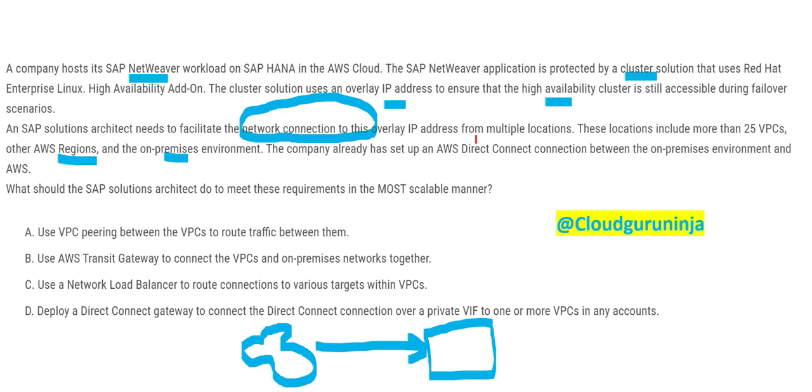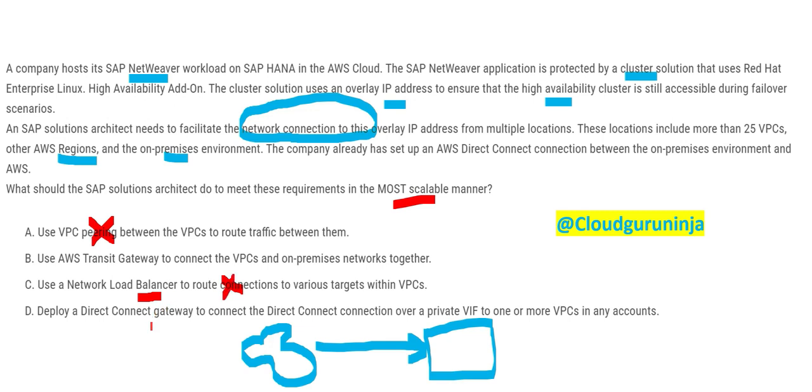See, your solution should be feasible and most scalable. The peering we use, if there is no on-premises, everything is within an AWS region. Network load balancer, we cannot use here because the on-premises is also in question.